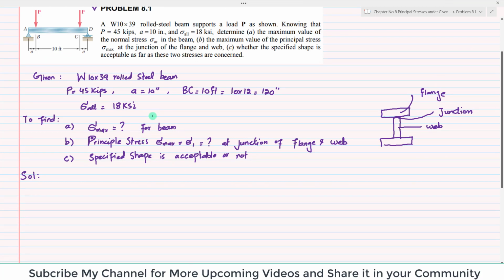For solving this problem, first of all, you have to find the reaction forces at supports A and D. For finding reaction forces at A and D, we will draw the free body diagram.